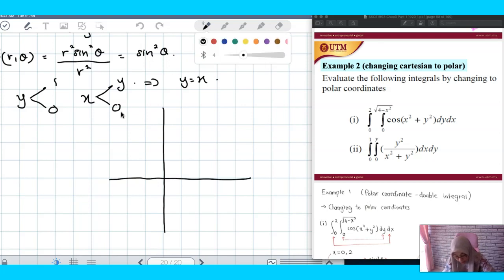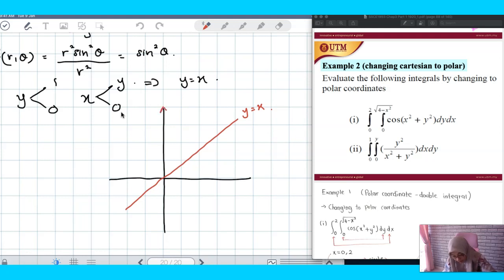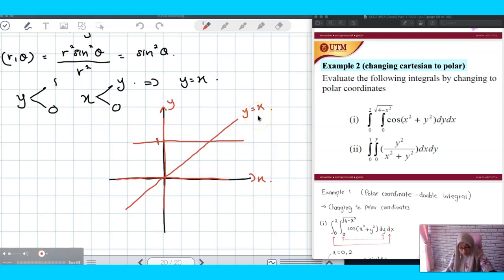We have the line of y equal to x, or x equal to y, and then we have y and x axes, y equal to 0, x equal to 0, and y equal to 1. So this is y equal to 1, y equal to 0, y equal to x, and x equal to 0.